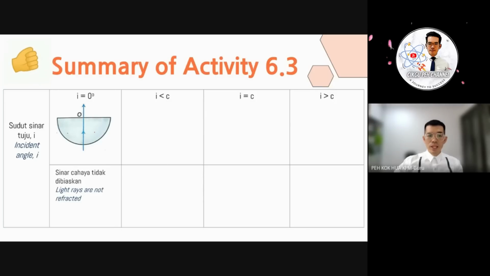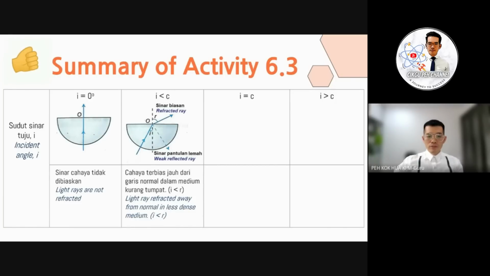However, the light speed in the glass block is actually less than the light speed in air. Second, when I is less than C, the critical angle of the glass block, the light ray is refracted away from the normal in the less dense medium. In this figure, R represents the refracted angle.